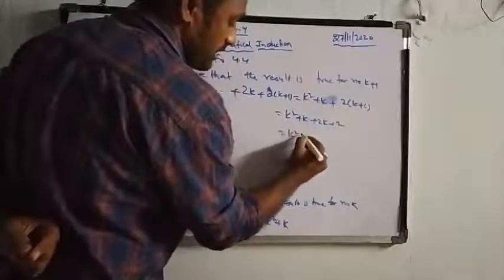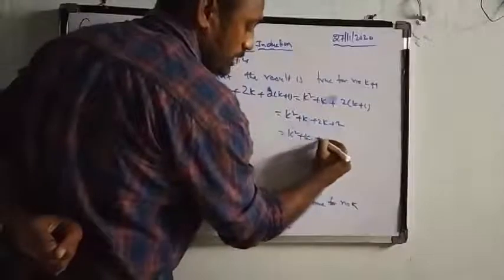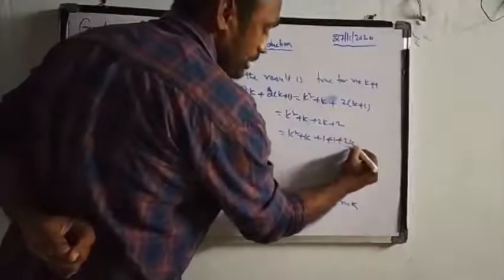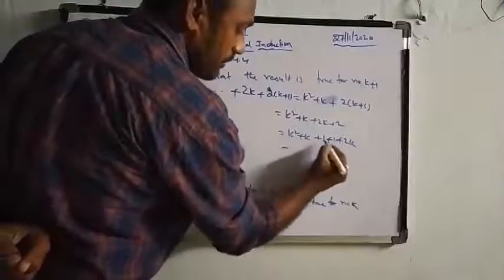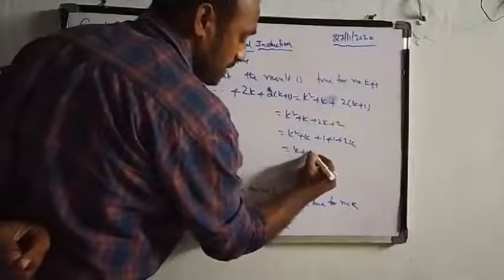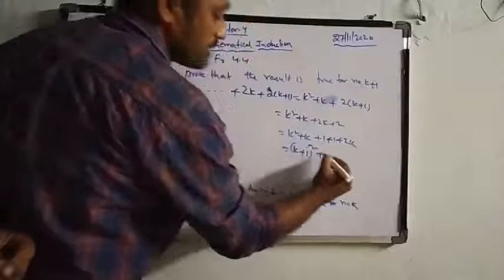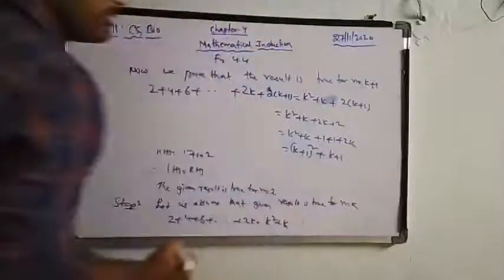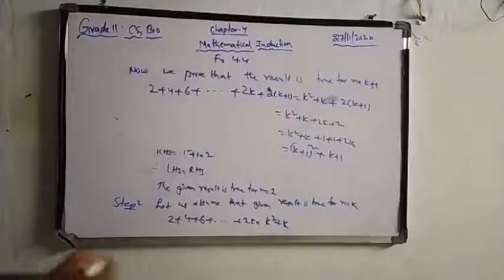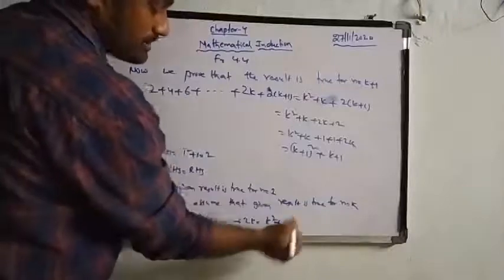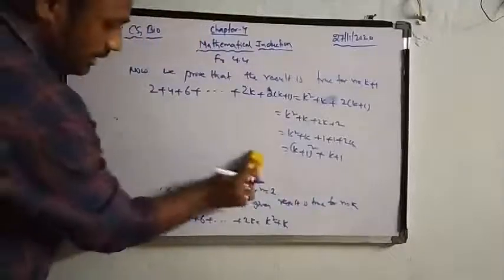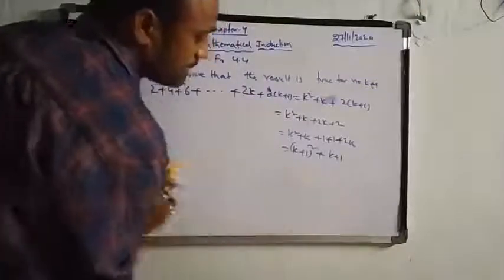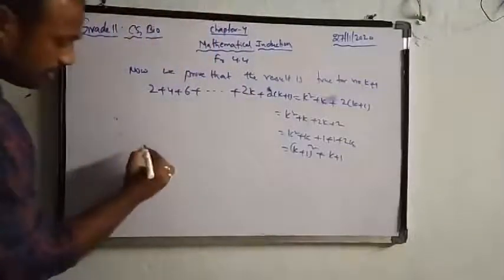So this can be written as k square plus k, and this 2 can be written as 1 plus 1, plus 2k. So this can be written as k square plus 2k plus 1, which is k plus 1 whole square, plus k plus 1. So we have proved that in place of k we got k plus 1. If you observe the result, in place of n we got k plus 1.